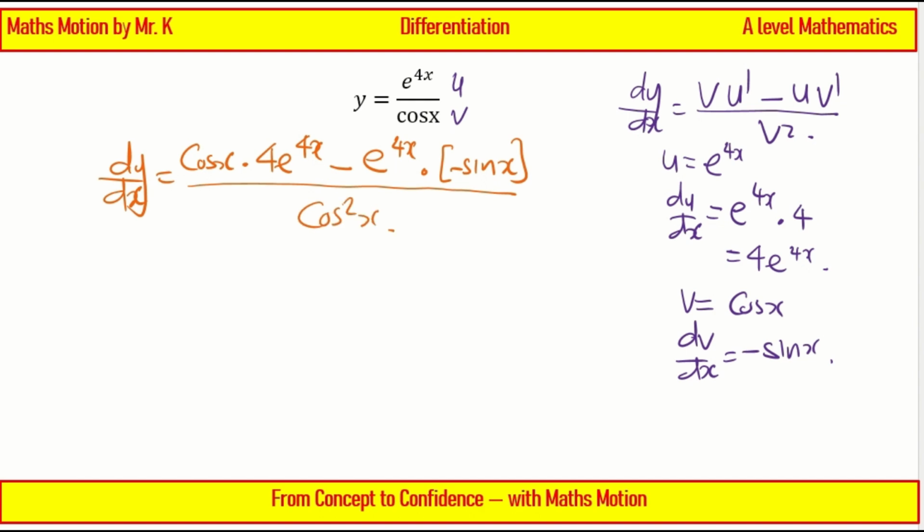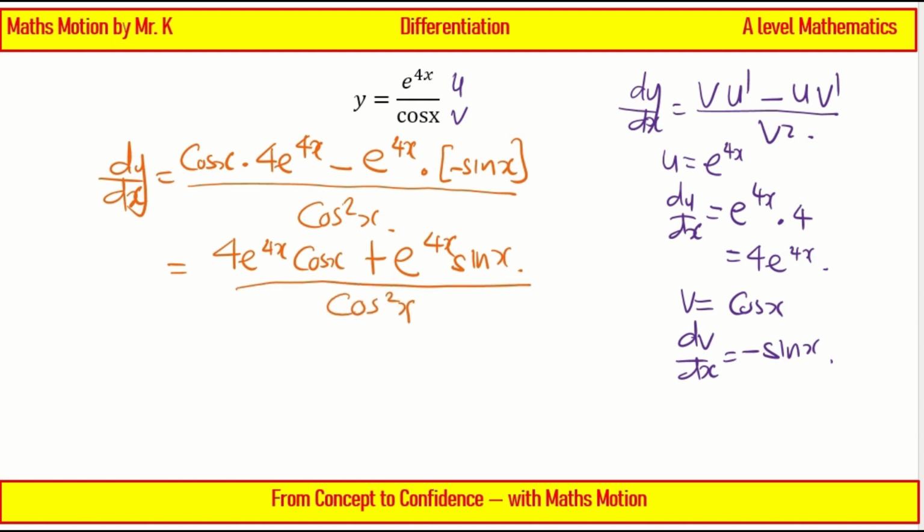So there you go. Once we have this, we can expand and simplify: 4e to the power 4x cos x plus, this is negative e to the power 4x times negative sine x. So make sure the sign changes to positive. Positive e to the power 4x sine x, and this whole thing divided by v squared, which is cos x squared.